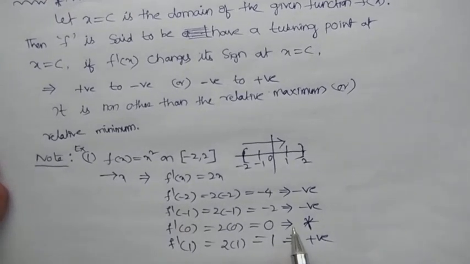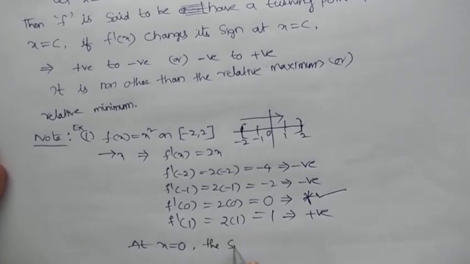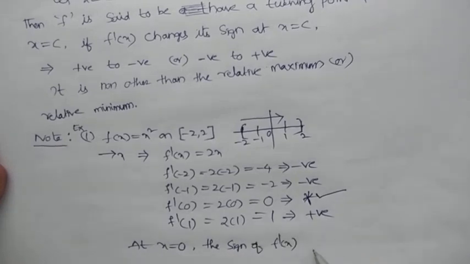So at this point, what is going on here? The sign is changed at this point. Okay, so what can we conclude? At x is equal to 0, the sign of the first derivative of the given function changes from negative to positive, so this point is called what?